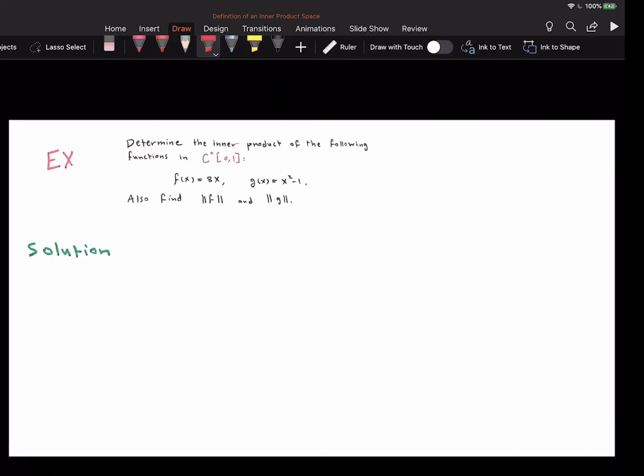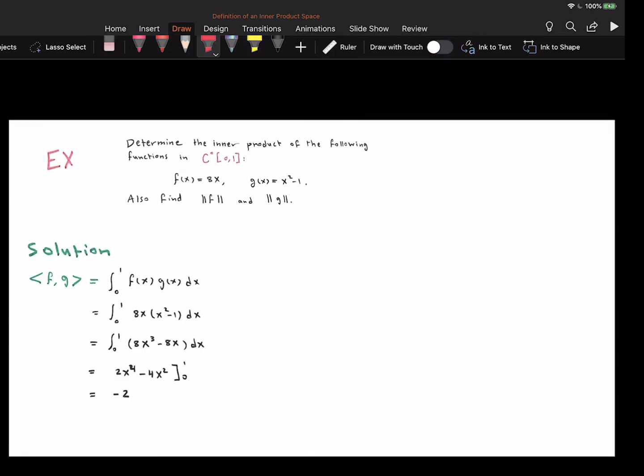Solution. First, we do the inner product between f and g, so we have to do the integration of the product of f and g from 0 to 1. We just multiply 8x times x squared minus 1, apply normal integration, apply the limits 0 and 1, and we get negative 2.